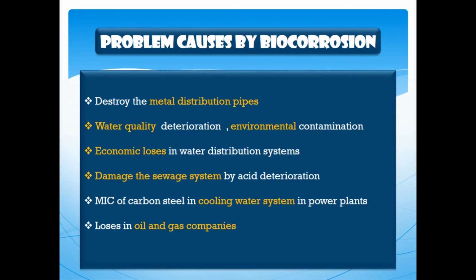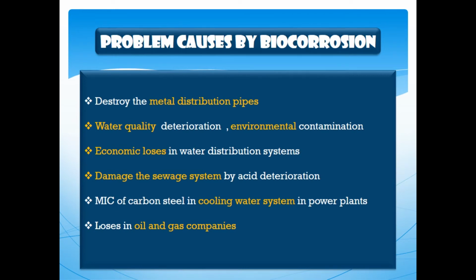Next, we'll look into the problems caused by biocorrosion. Biocorrosion can cause much damage to the environment. The first one is that it can destroy metal distribution pipes. The second one is water quality deterioration and also environmental contamination.